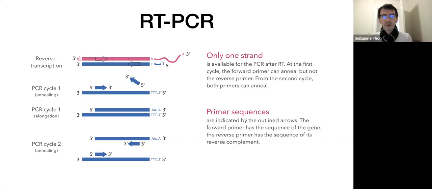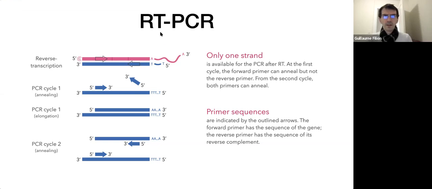So RT-PCR is a very important reaction that is one of the key components of biotechnologies. It's the combination of an RT, reverse transcription, and a PCR. And now you've seen both, so things should be a piece of cake.